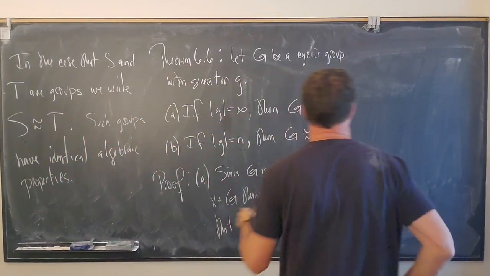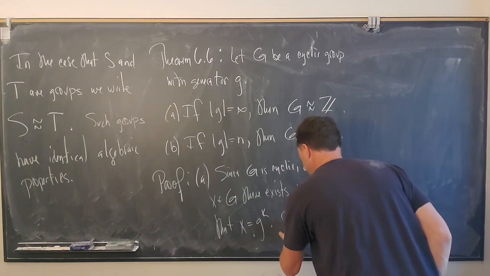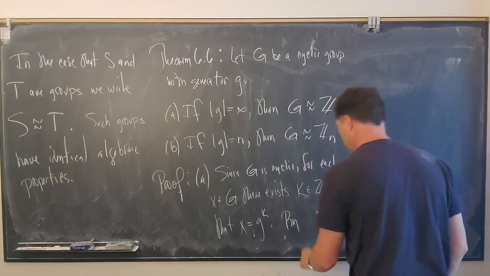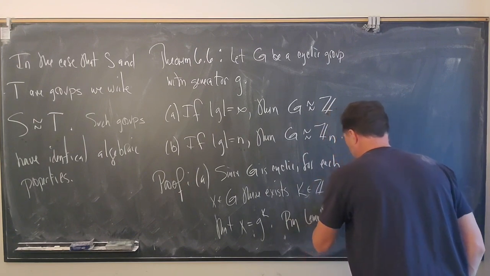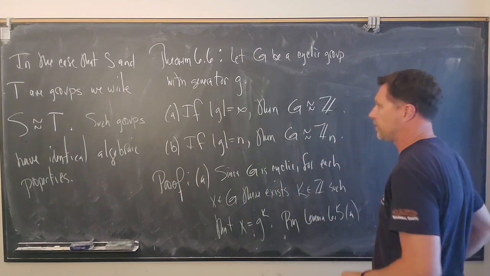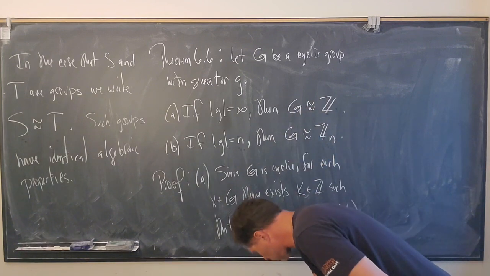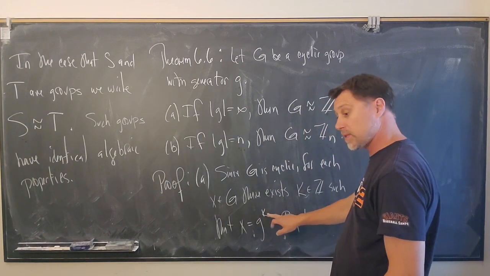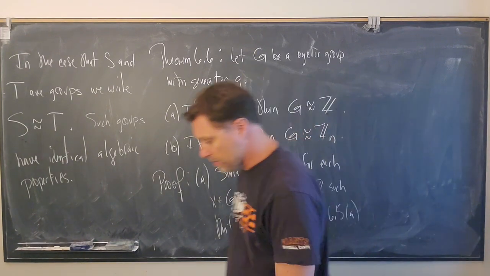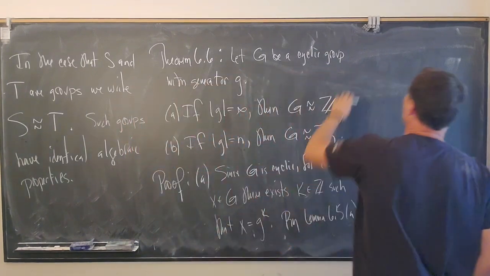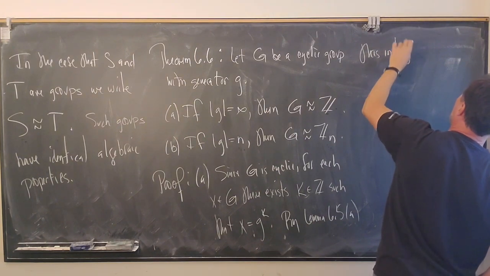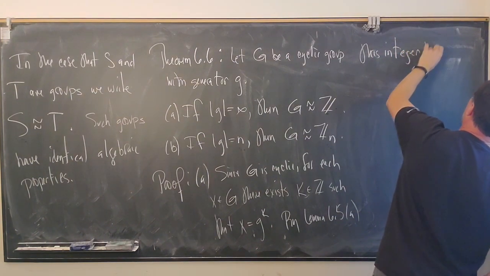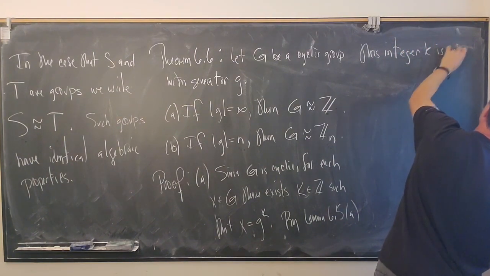Now, by our previous results, by Lemma 6.5a, this integer k is unique.